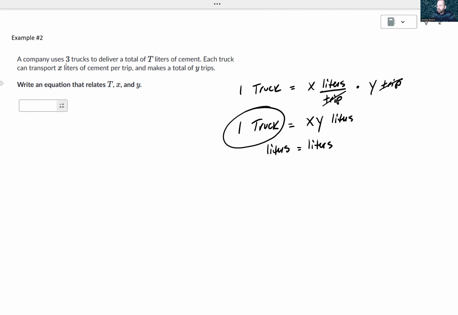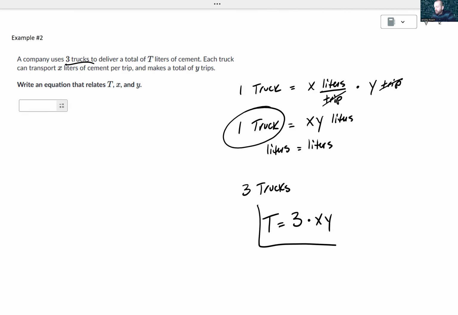It wants to know what is 3 trucks. Okay, now for 3 trucks, it's not equal to 3T, it's still going to be T equals 3 times XY liters for 3 trucks.